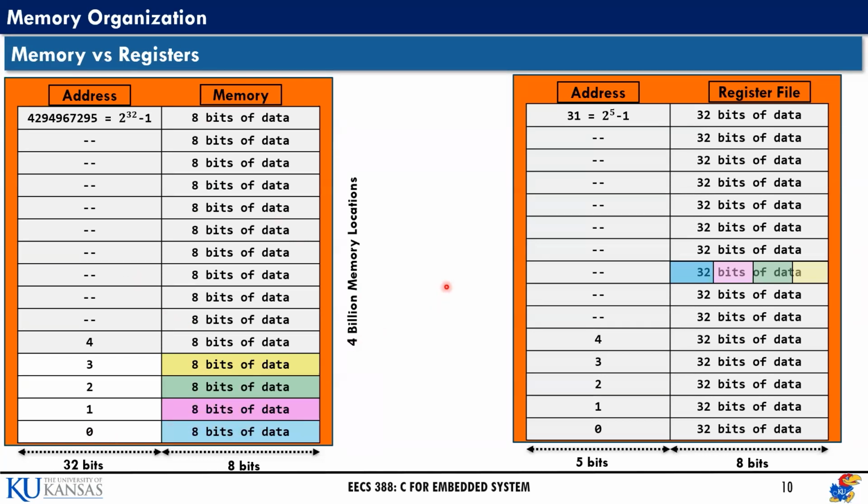And now in our register, we know we only have 32 registers, and for 32 registers we only need 5 bits to represent those addresses of registers, and each register can have 32 bits of data, right? So as you can see, to fill a register, we need 32 bits of data, and we need 4 memory locations to fill a register, right?